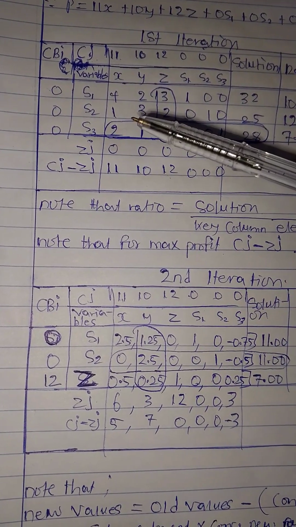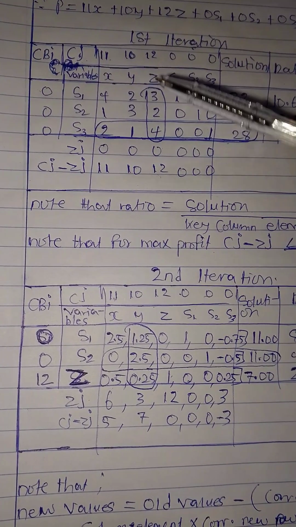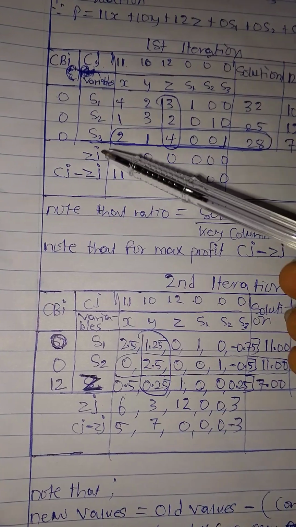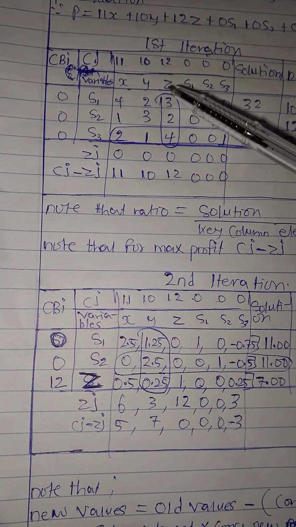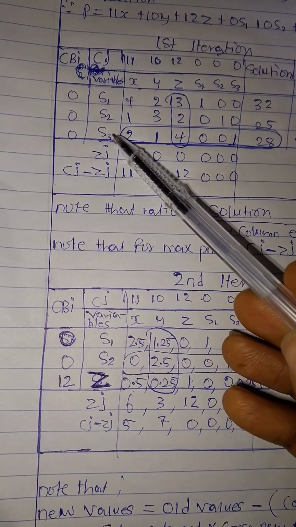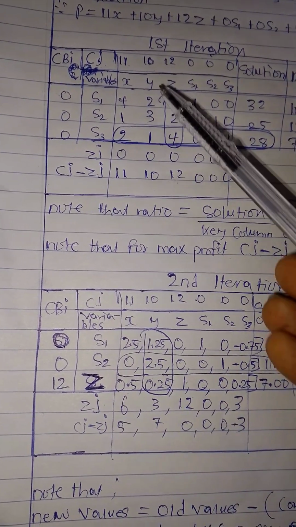So the entering variable here is z, and the leaving variable is x3. So I have to replace x3 with z. So here is x3, and I'll put z here, and the value for z is 12.